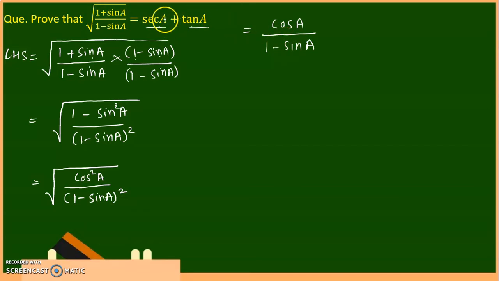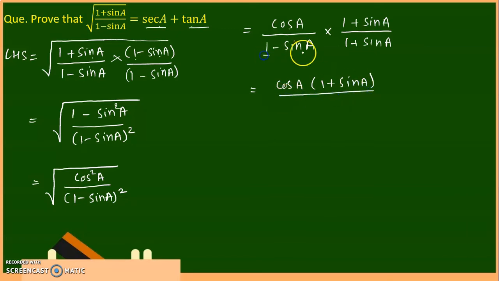We have to prove this will be equal to sec A plus tan A. So to prove this, multiply this with 1 plus sin A and divide with 1 plus sin A. So if you do this, here we will have cos A multiplied by (1 plus sin A).